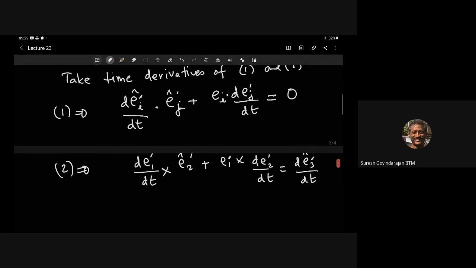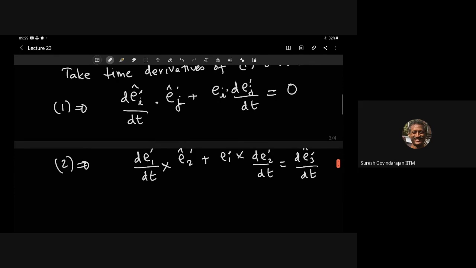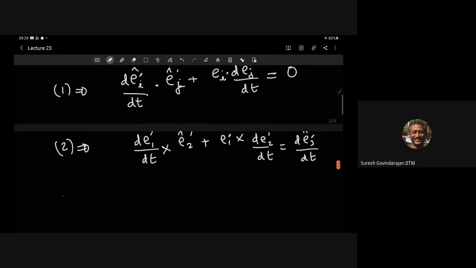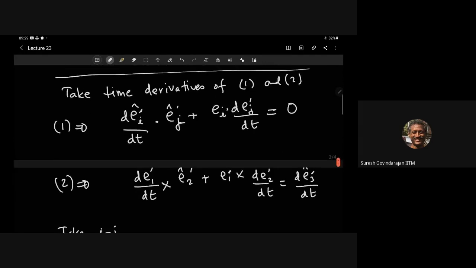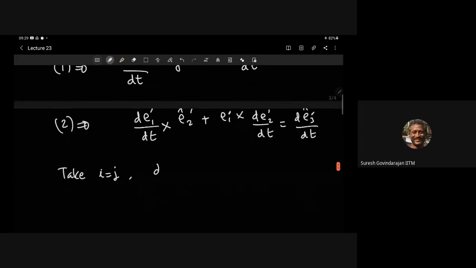Let us look at this first equation. You could take i equal to j. What we get from this is dE_i prime by dt dot E_i prime equal to 0. No summation over i, of course, here.